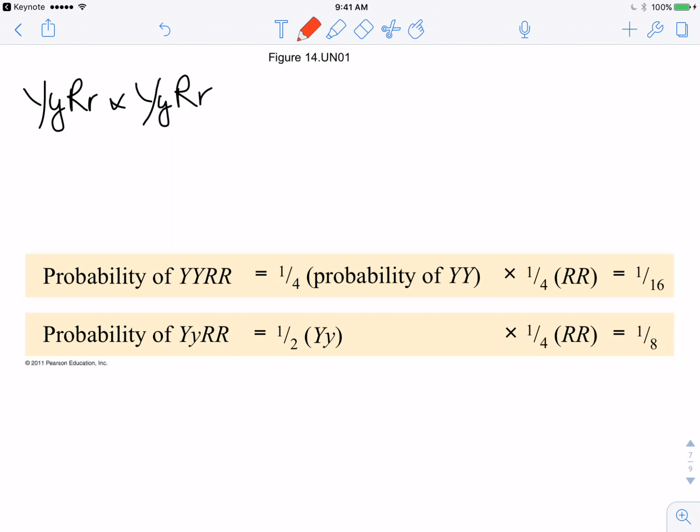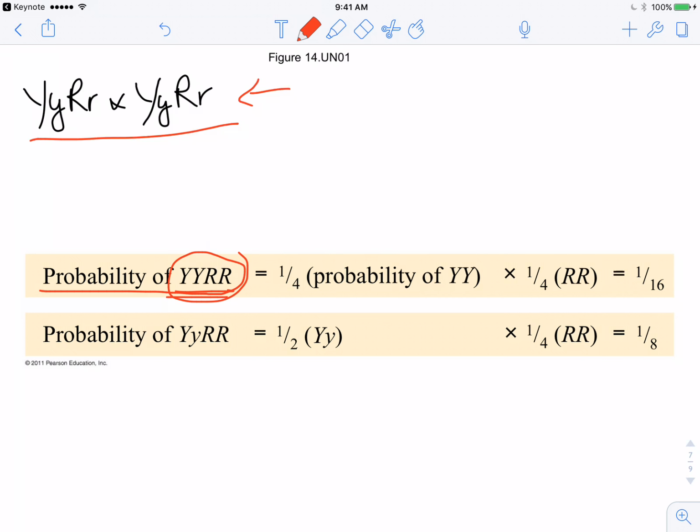Okay, so if we look at this cross here, my question is, if we cross two individuals that are heterozygous for two traits, so a dihybrid, this is really an F1 cross, what's the probability that I will get an offspring that has this genotype? So double homozygous dominant.